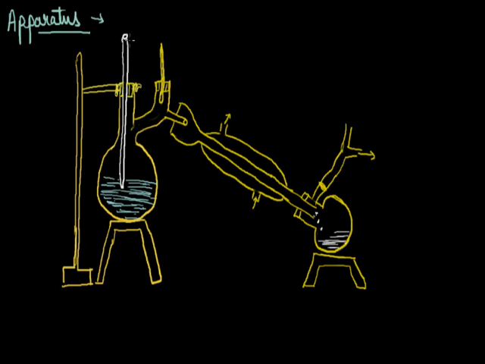Now we'll name the parts. This is the capillary to regulate air. This is having a stopcock over here, which is helpful in regulating the air. From here the cold water is sent in, so cold water inlet.